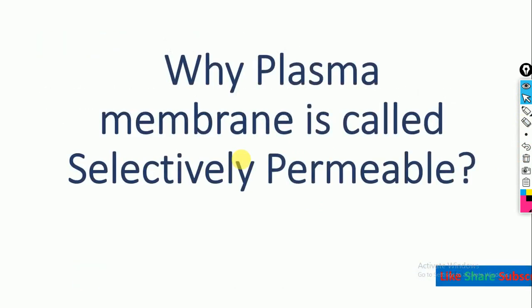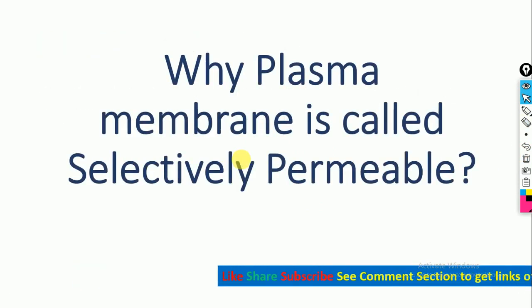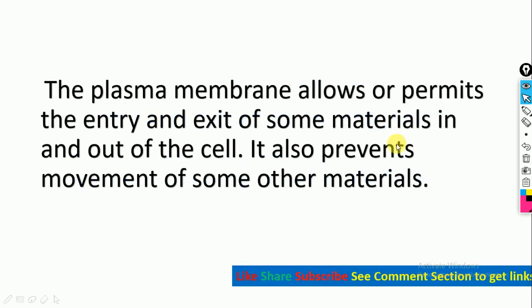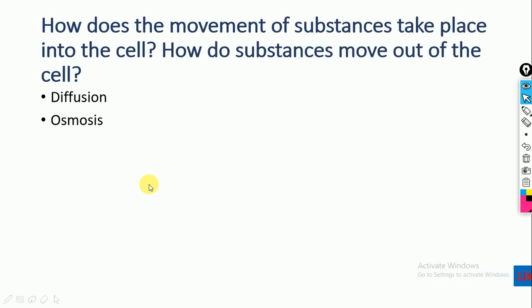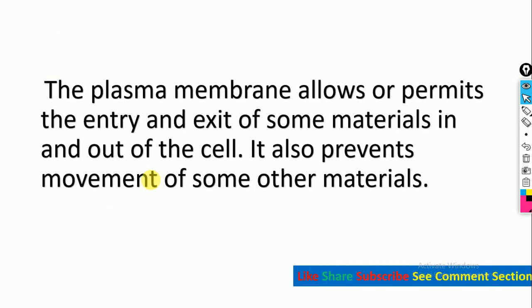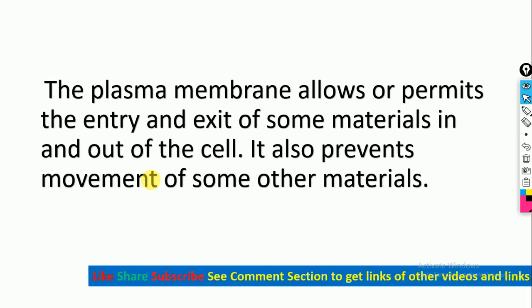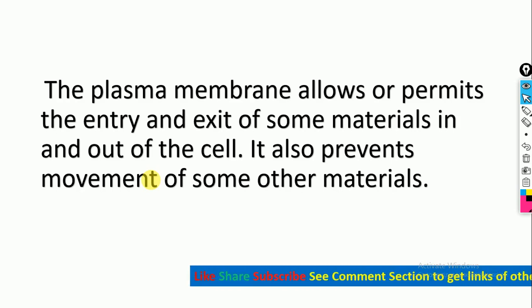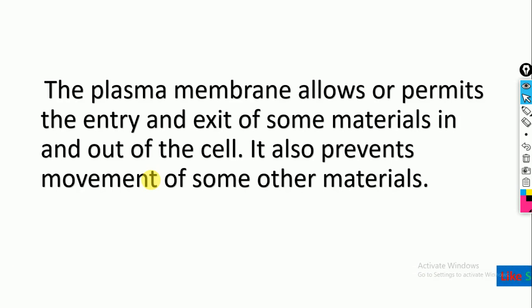Why is the plasma membrane called selectively permeable? Because it allows or permits the entry and exit of some materials in and out of the cell, and it prevents movement of some other materials. The role of the plasma membrane itself defines why it is called a selectively permeable membrane.